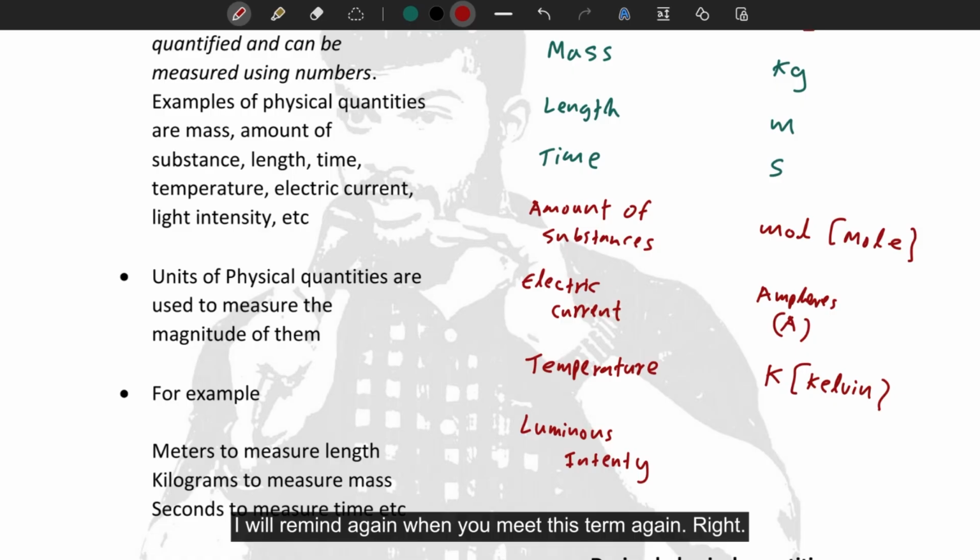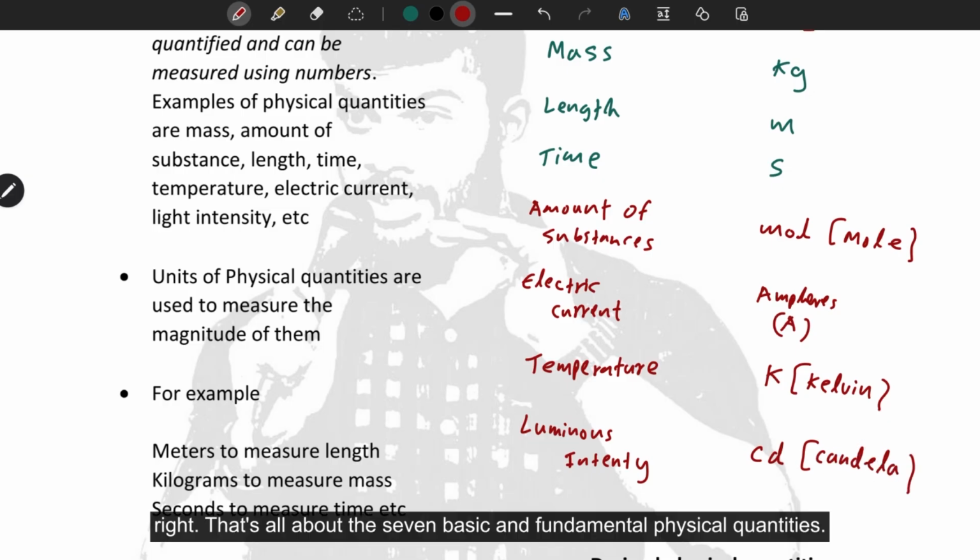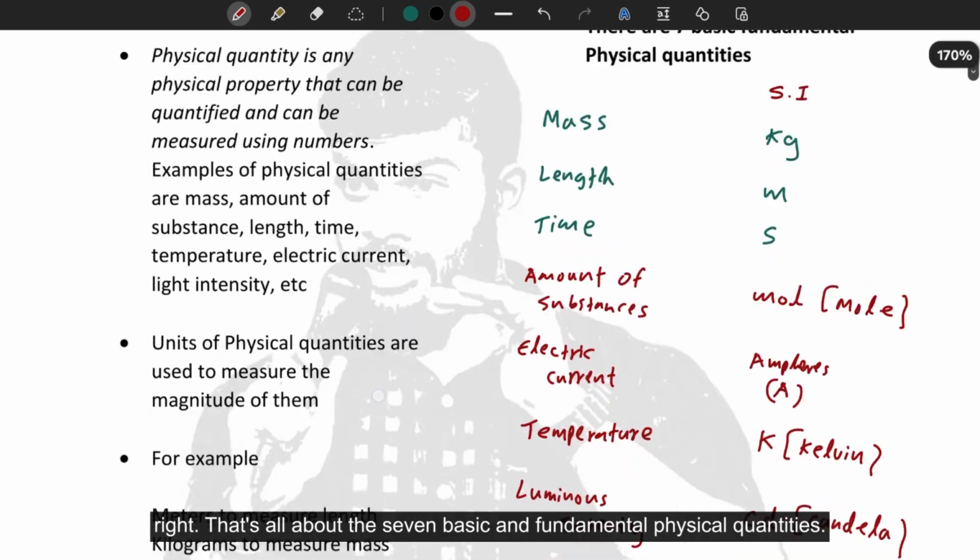I will remind you when you meet this term again. We use candela to measure luminous intensity, cd, candela. That's all about the seven basic and fundamental physical quantities.